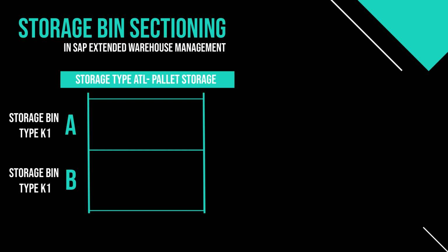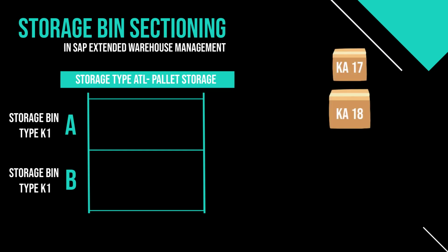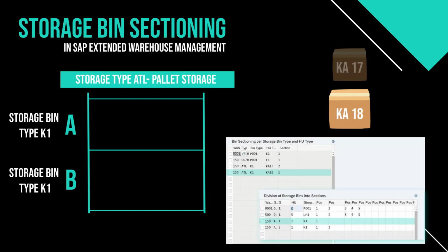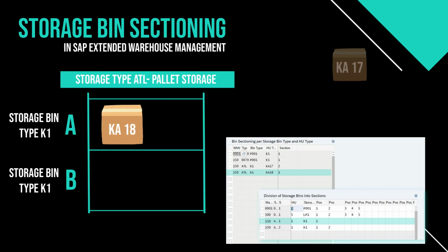A handling unit with a KA17 HU type and a handling unit with KA18. If we now put away the KA18 handling unit, the EWM system will look at the sectioning in the customizing. And the customizing says sectioning 1. And that means that after putting away the handling unit, the bin is fully occupied.